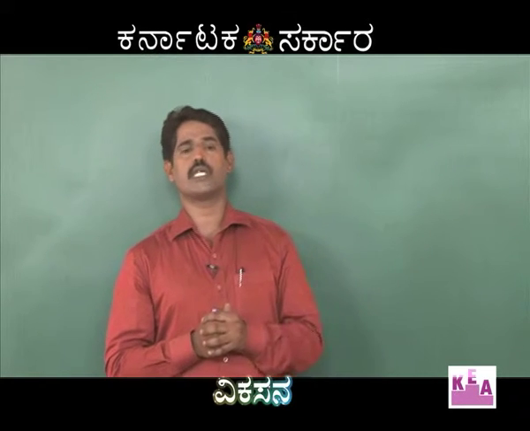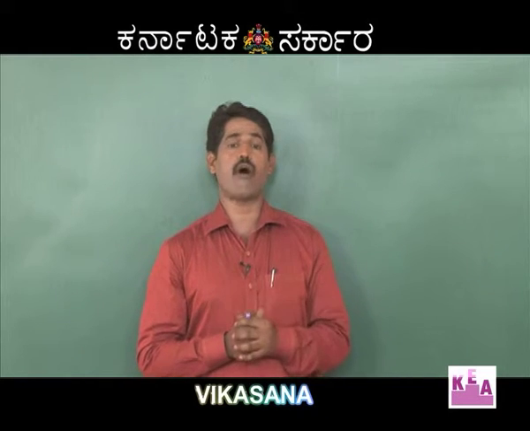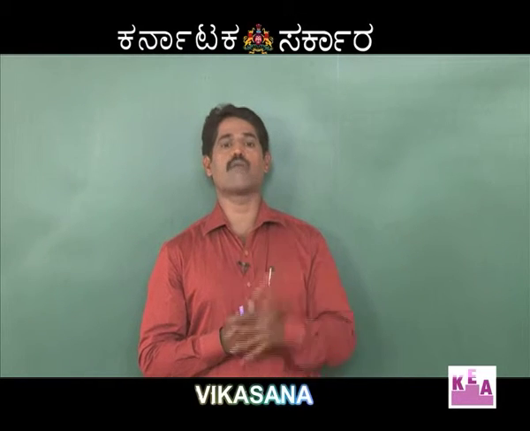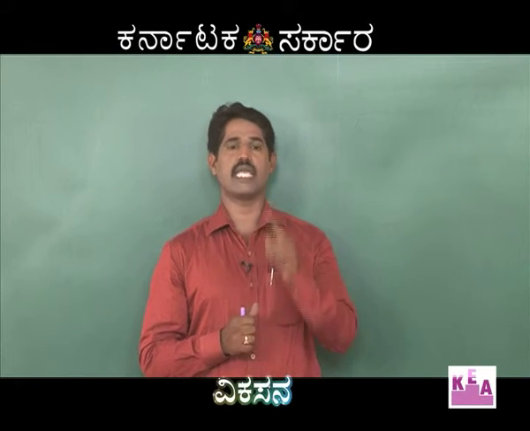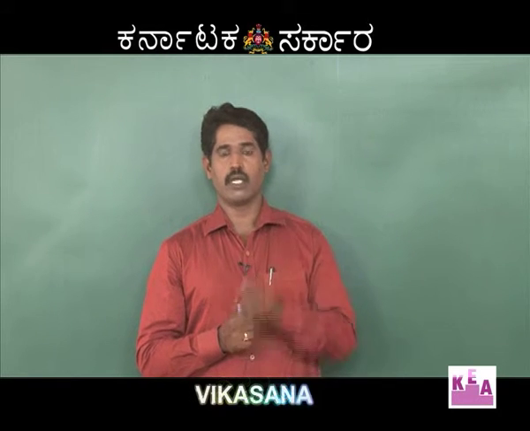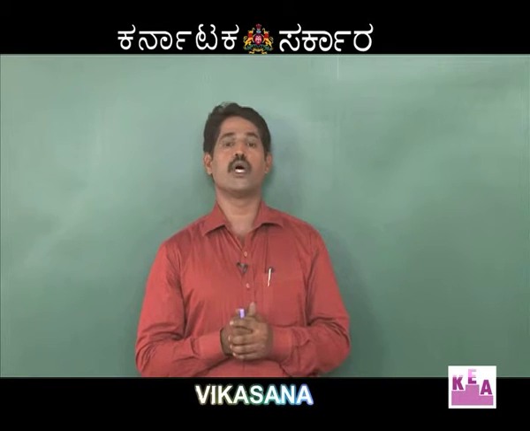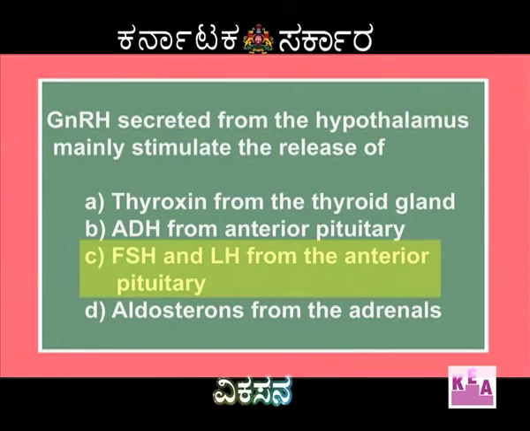This oxytocin is very important, particularly for females at the time of parturition or delivery, because the oxytocin hormone is involved in the rhythmic contraction of the uterus. That rhythmic contraction of the uterus repels the baby that is in the uterus. So, here the correct option is C.